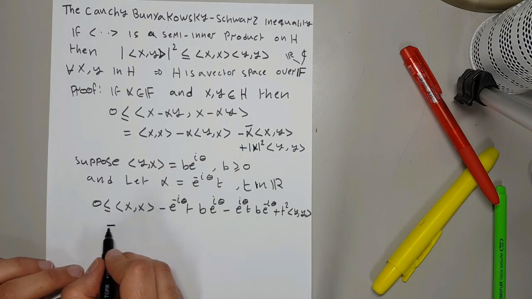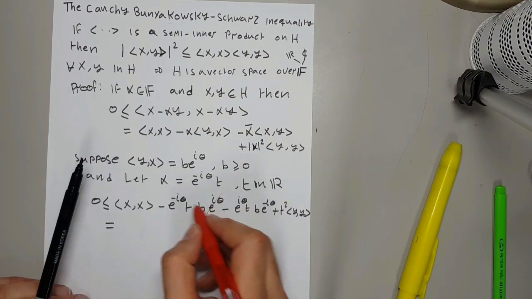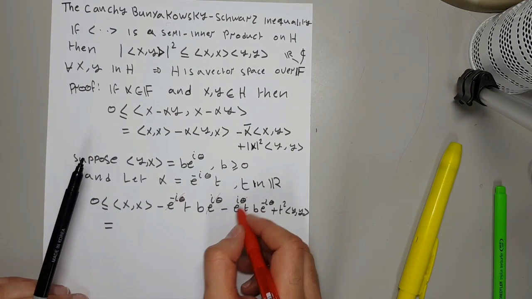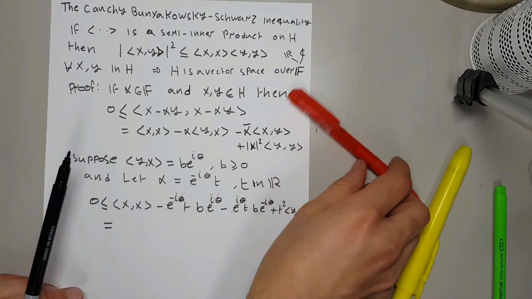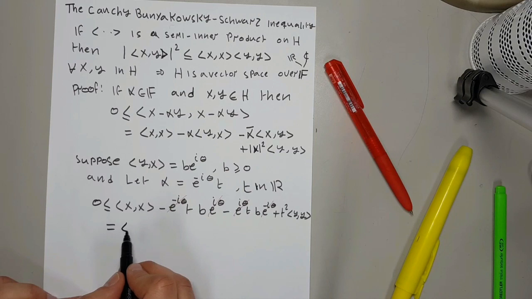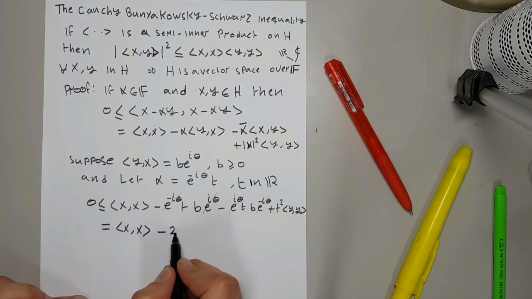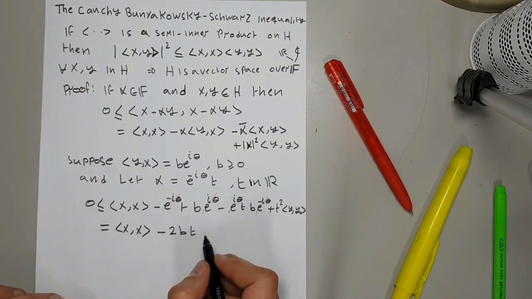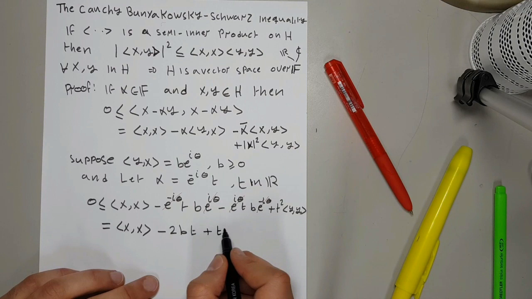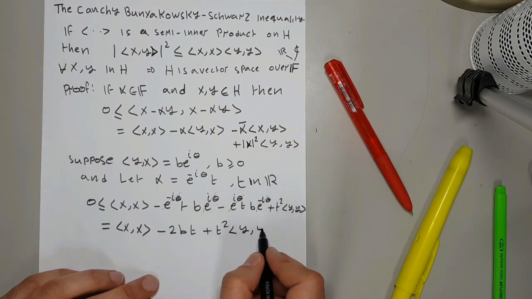Let's cancel these terms, so it becomes the semi-inner product between x and x minus 2bt plus t squared times the semi-inner product between y and y.